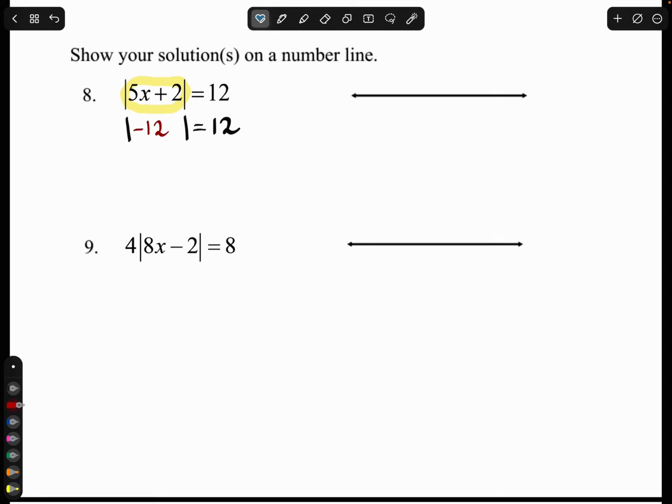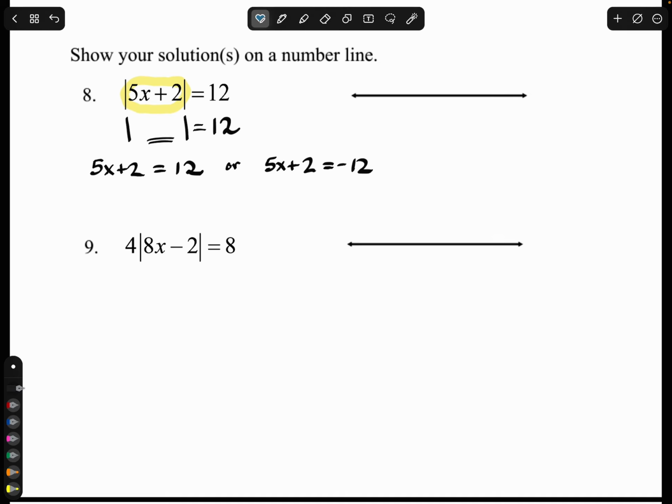Those are the only two numbers that are 12 units from 0. So what we're thinking about here is this expression 5x plus 2 has to either equal 12 or 5x plus 2 would have to equal negative 12, because those are the only two values that we can end up with in here.